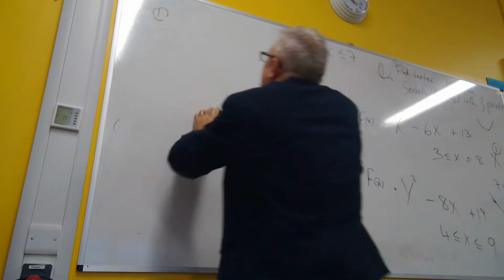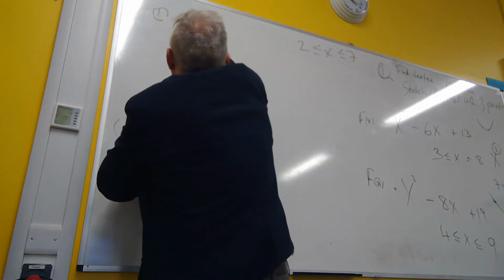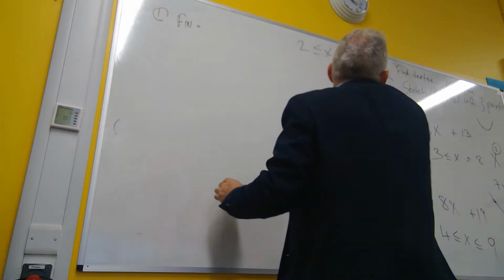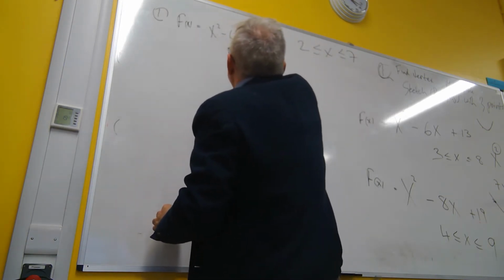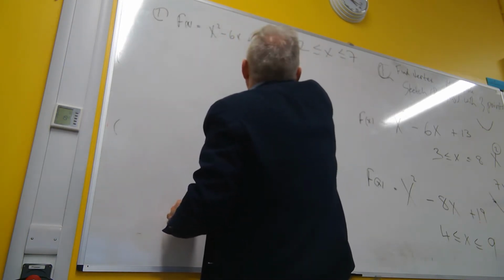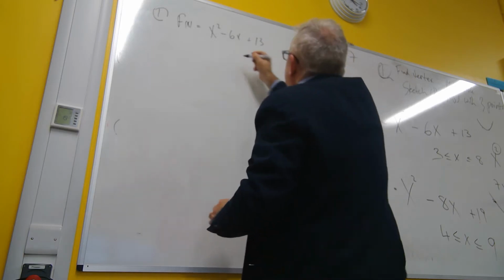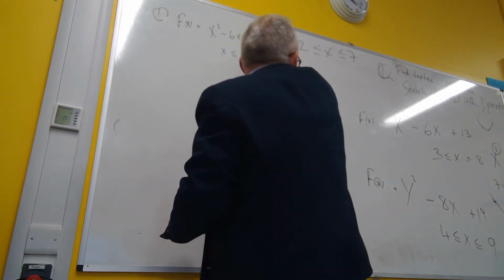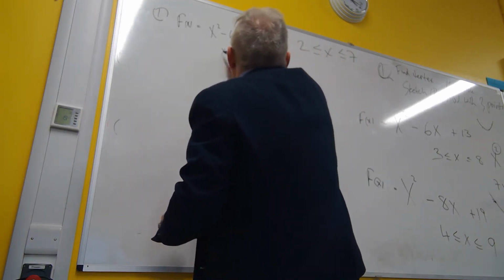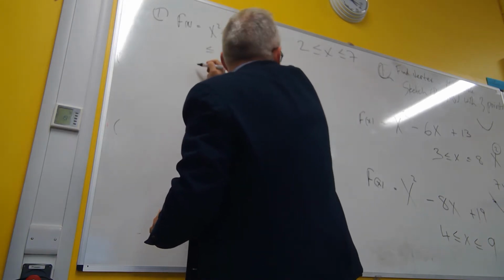So the rule looks like, in notation, f of x equals x squared minus 6x plus 13. And we're saying that it's defined in the domain between 3 and 8.